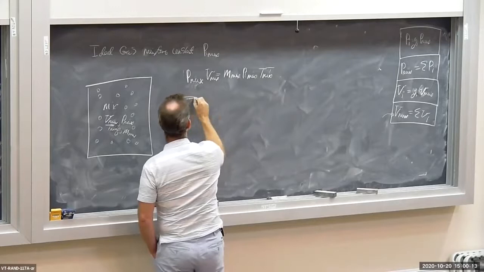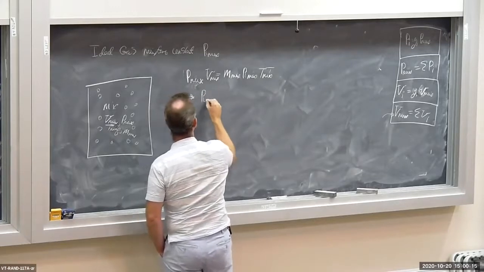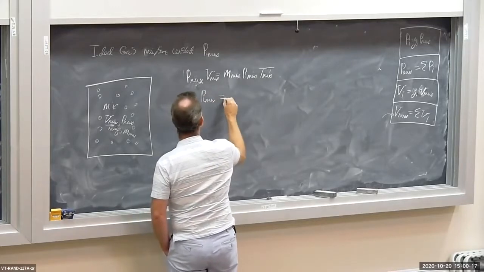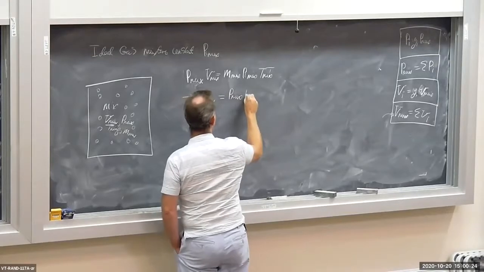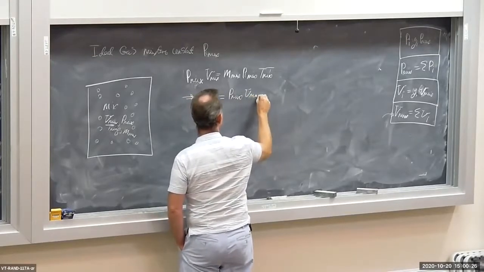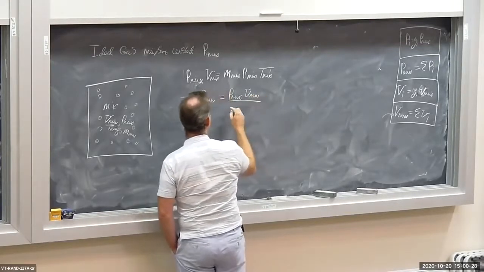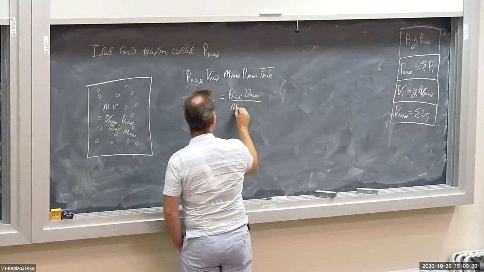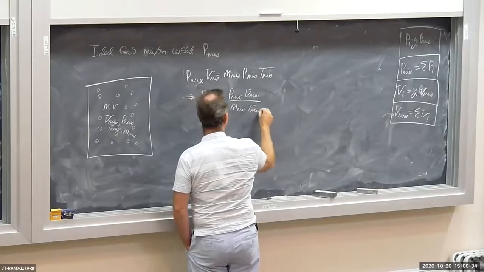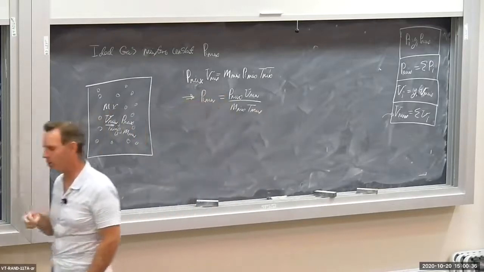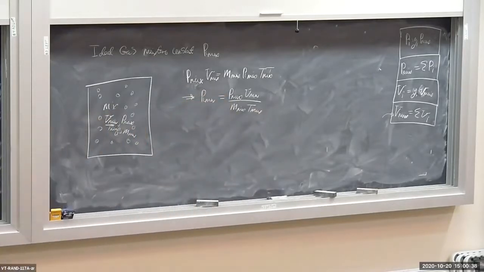Now I can solve for the gas constant R mix, and that's equal to P mix V mix divided by the mass of the mixture times T mix. So the mixture obeys the ideal gas law.